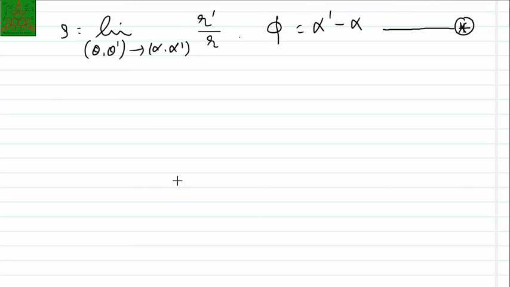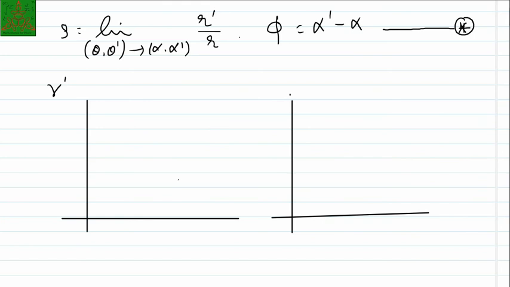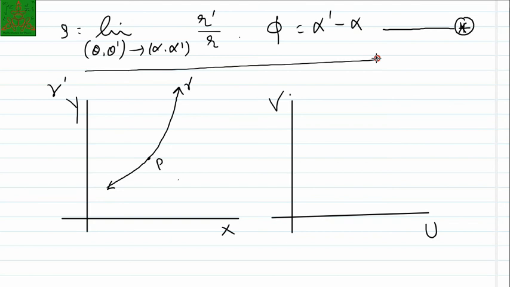This quantity we have derived for only one curve. Let us consider there is another curve gamma 1 which is passing through the point P. So let us try to draw that figure again. This is your x axis, this will be your y axis, this is your u axis, and this will be your v axis. There is a point P. We have already considered the one curve gamma which is passing through this point, and all this calculation above we got for gamma.